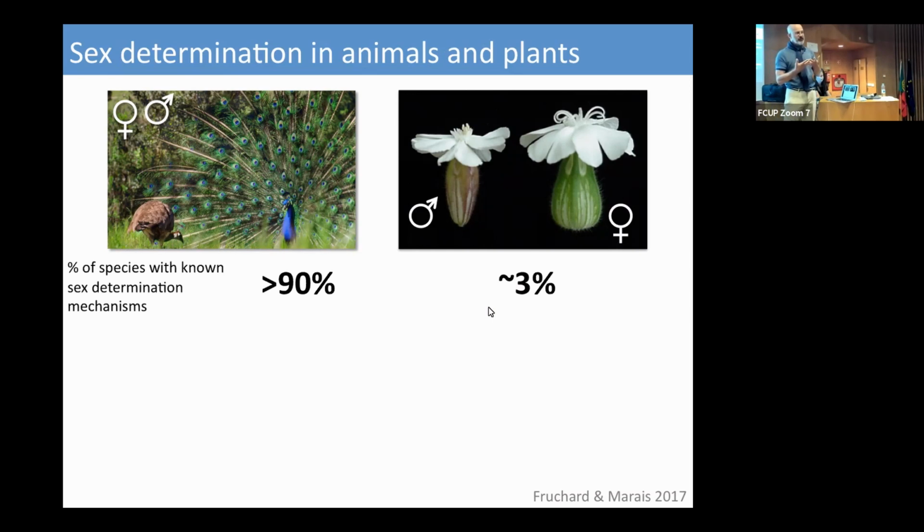In animals, we have information about sex determination for more than 90% of the species.